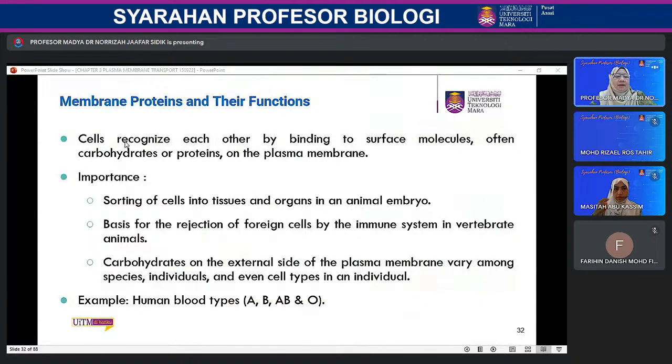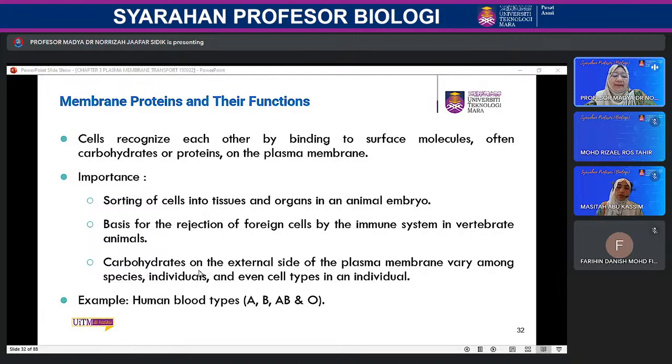The cells recognize each other by binding to surface molecules, often carbohydrates or proteins on the plasma membrane. This is important during the sorting of cells into tissues and organs in an animal embryo, and is the basis for the rejection of foreign cells by the immune system in animals.